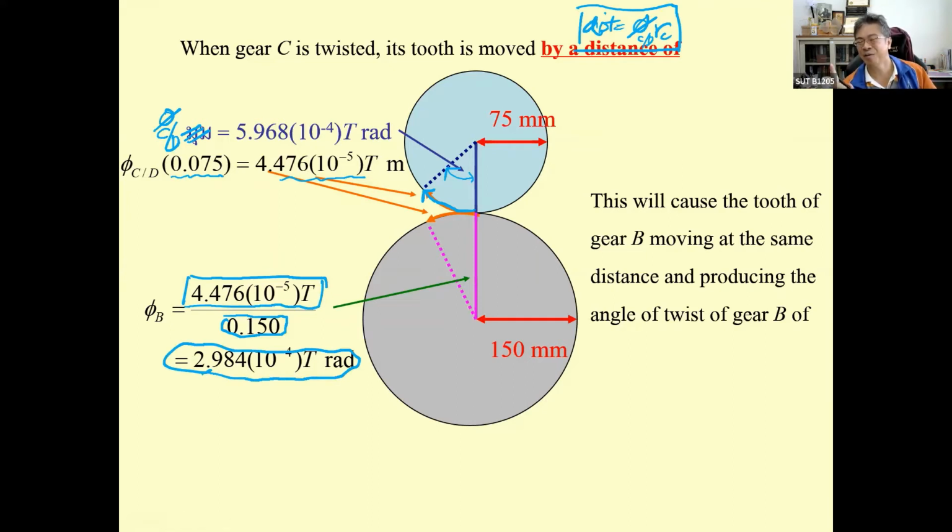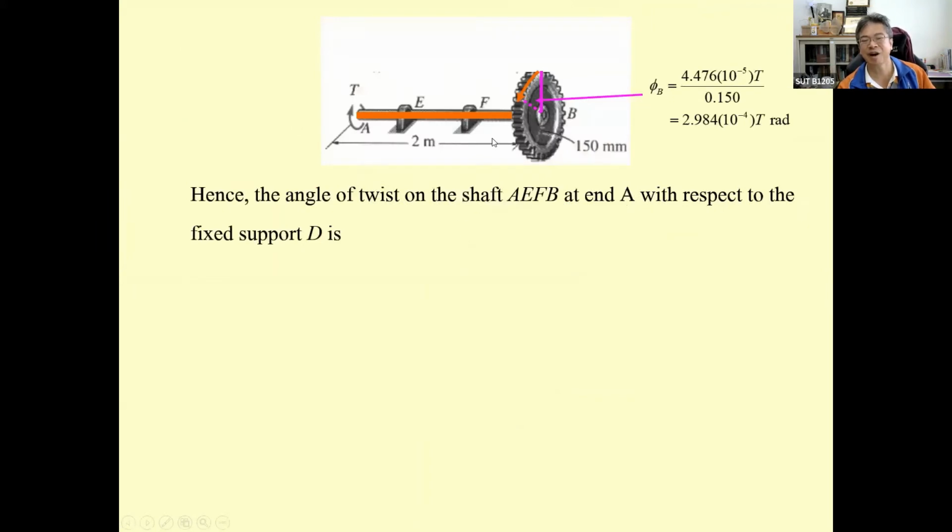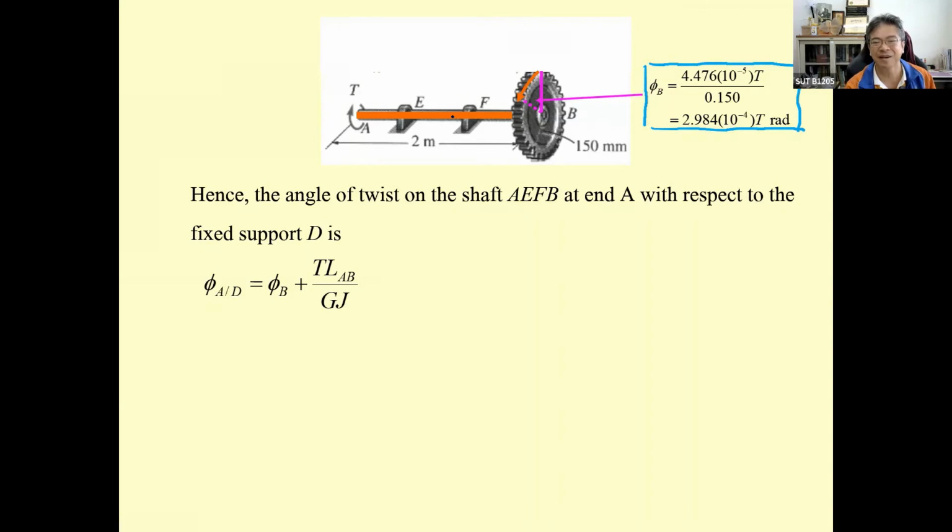Then what we have is the angle at the bigger gear. And then the orange shaft also needs to twist. So we combine the result from the previous calculation. This is half of the twist that occurs on the small gear, and then we add to it the angle of twist of this orange shaft.